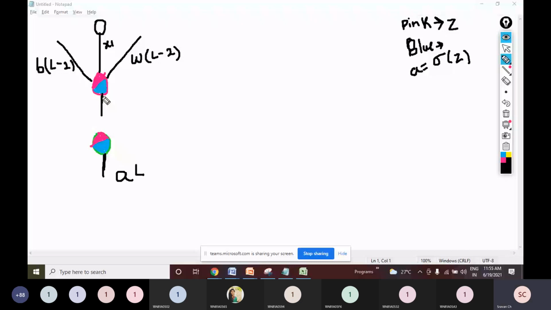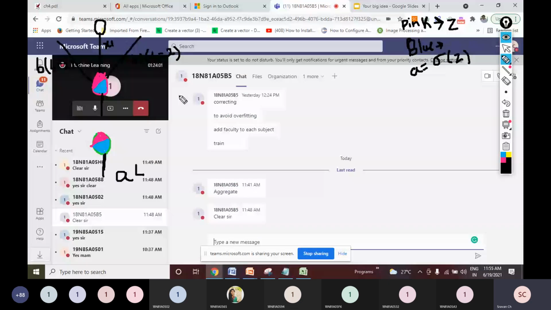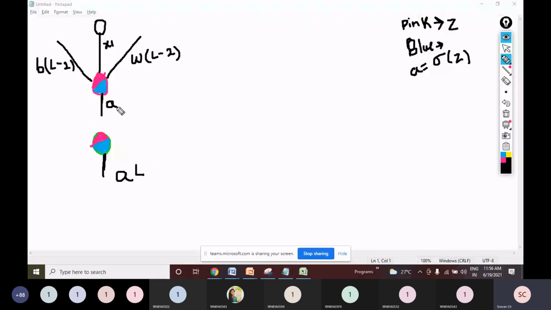The output at layer L is represented as A of L, and the previous output should be represented as A of L minus 1. So this line, this output, is called A of L minus 1. What is happening now? This A of L minus 1 is becoming input to the next node.